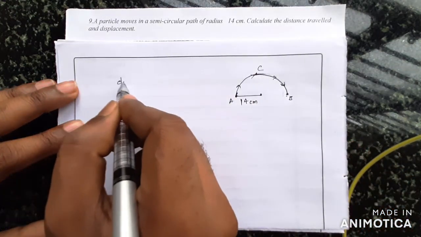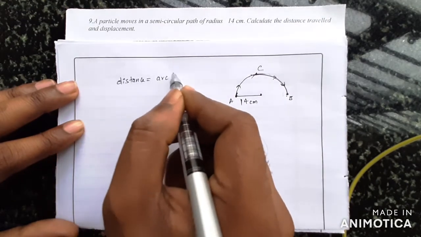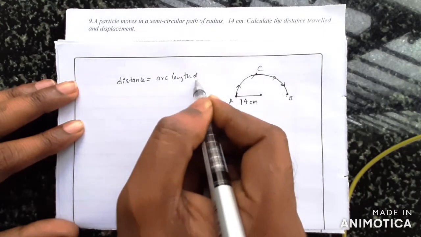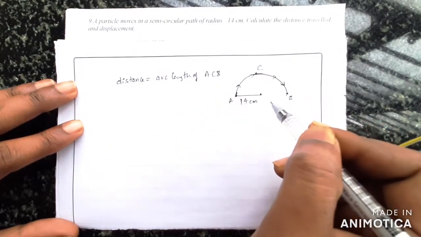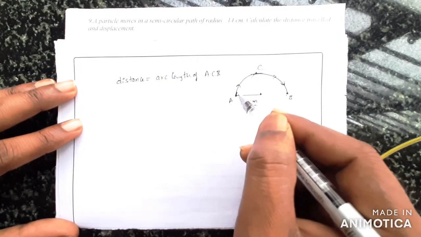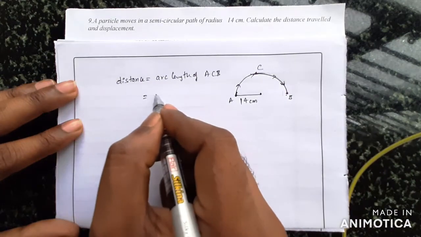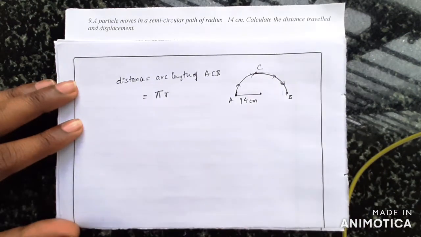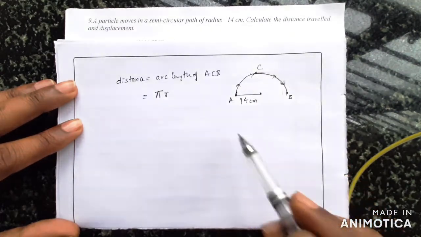Therefore distance is the arc length of ACB, which, since ACB is a semicircle, is equal to pi r. If it is a complete circle, then it would be 2 pi r.